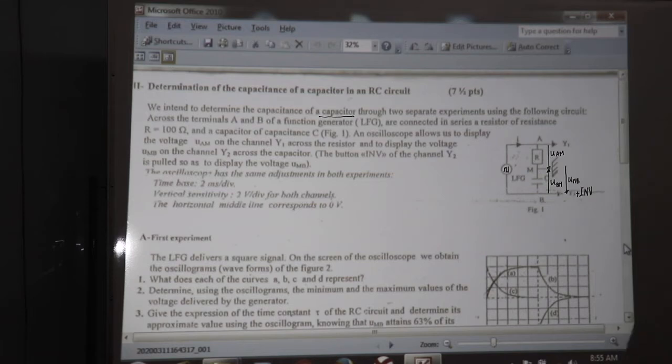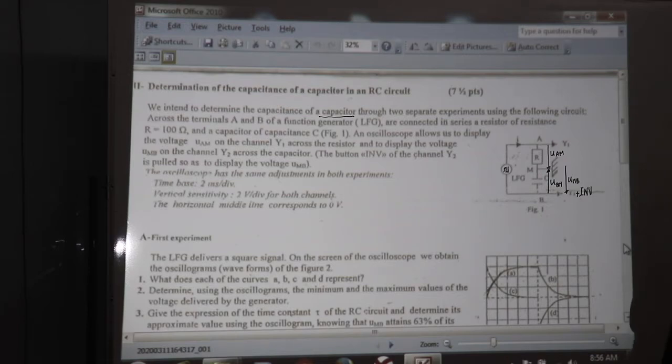What does this graph represent? In order to answer this question, you should know which physical concept you should use, and I have explained it previously.